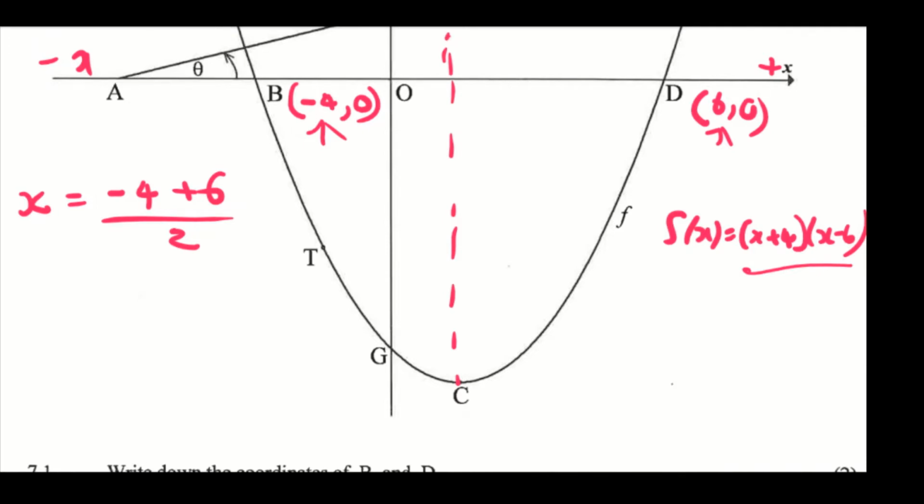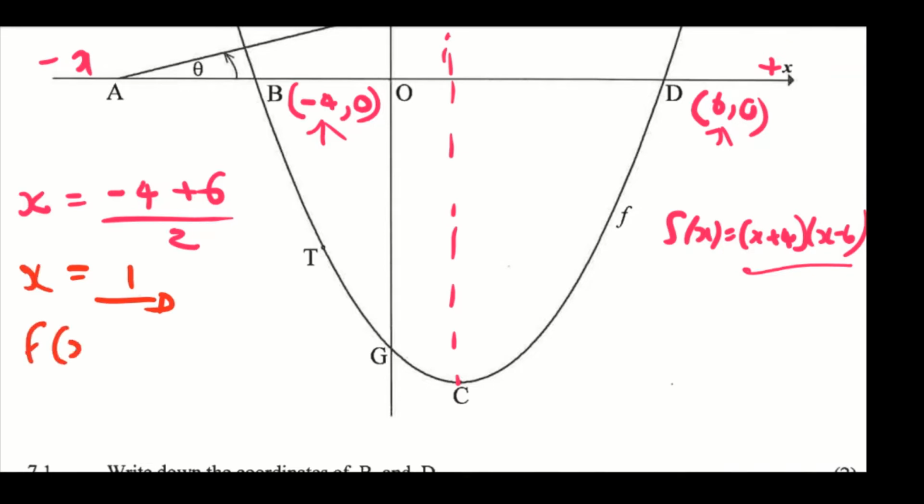So it's the average of the two: -4 plus 6 gives 2, and 2 divided by 2 is 1. So x is 1.